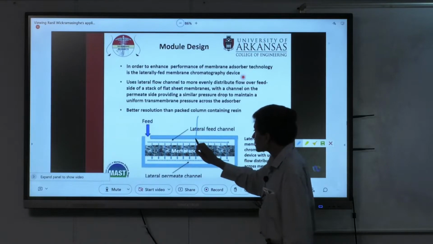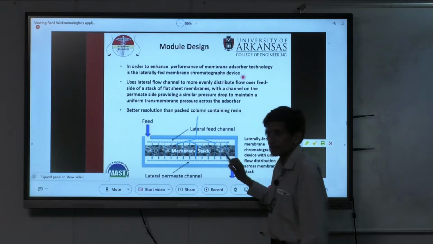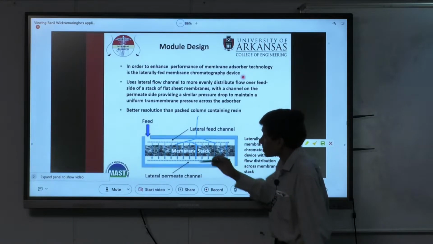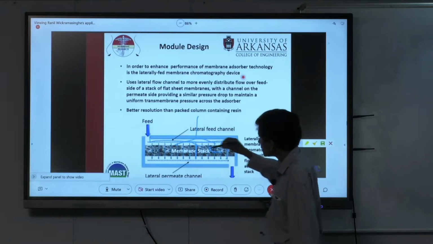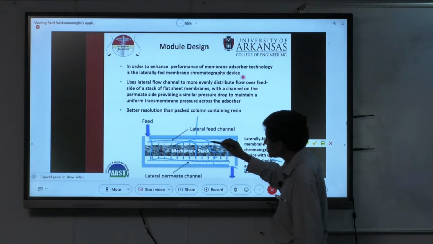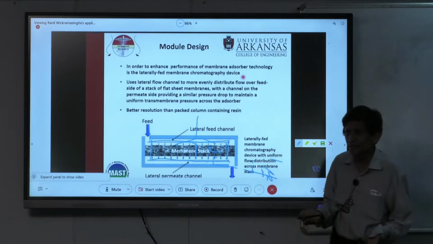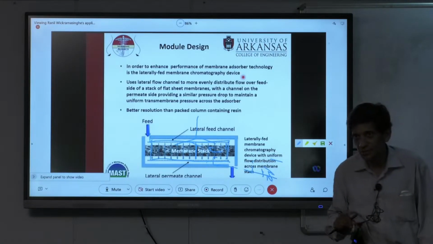If you have it coming from the center, then it's going to suddenly go out like this, and the flow through here will be faster than what goes through the other parts, and the resistance is not the same. But by doing it this way, either it can go all this way and through there, or it can go straight through and there, and if the resistance for flow through these two channels is about the same, which is the case, because it's empty, right? You actually get a much more uniform distribution, okay?